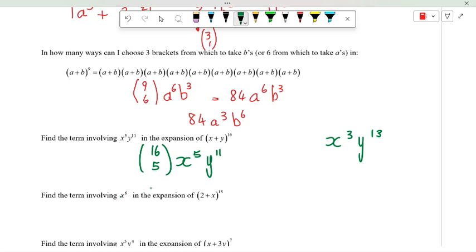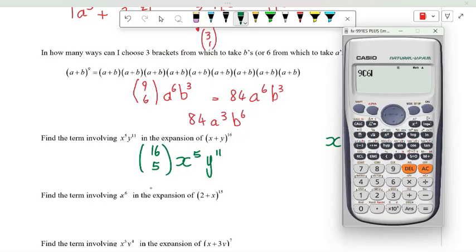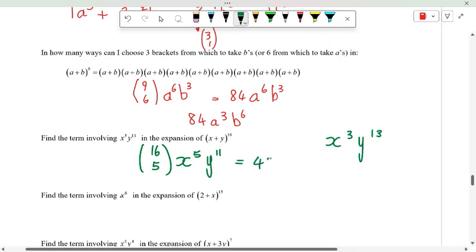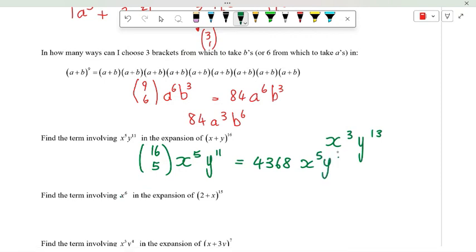Okay, so let's just get that value off our calculator. 16 choose 5, all right, and it's 4,368. So there will be a term 4,368 x to the 5 y to the 11. Okay, and let's just quickly show that.